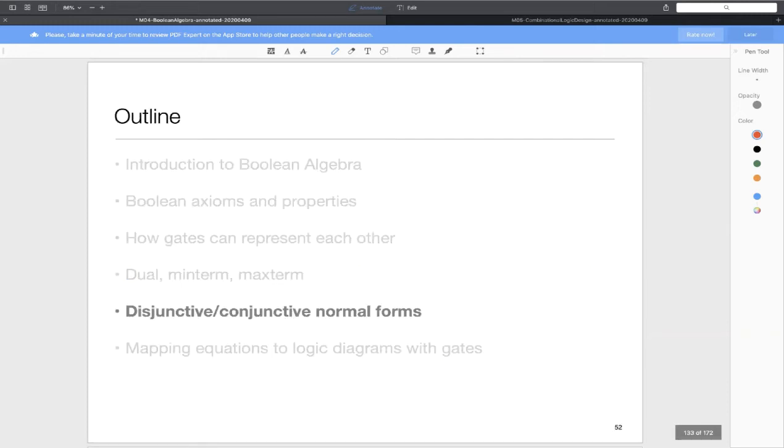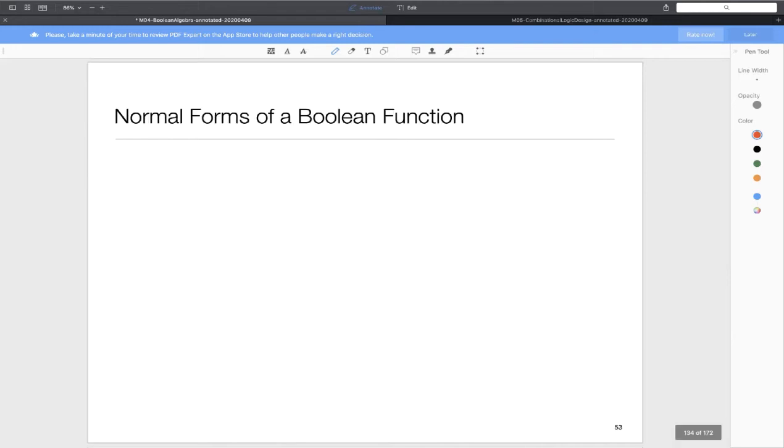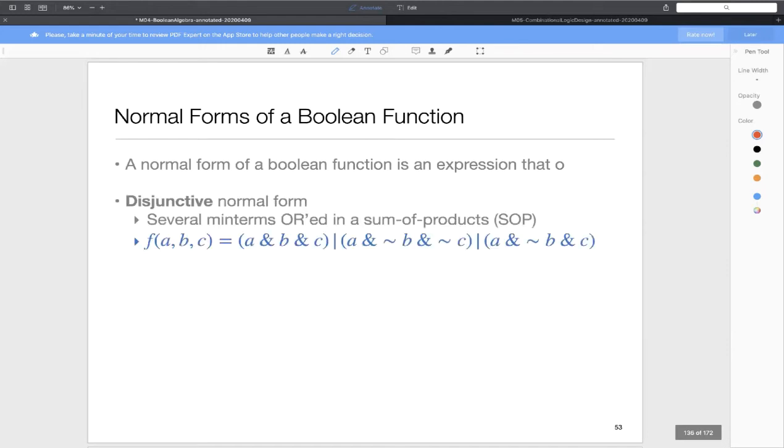Now, where does this lead to? It leads to something very important, which are called normal forms. They're called normal forms because these are standardized ways of writing any Boolean function. There are 2 normal forms of Boolean functions. I have an incomplete first sentence.